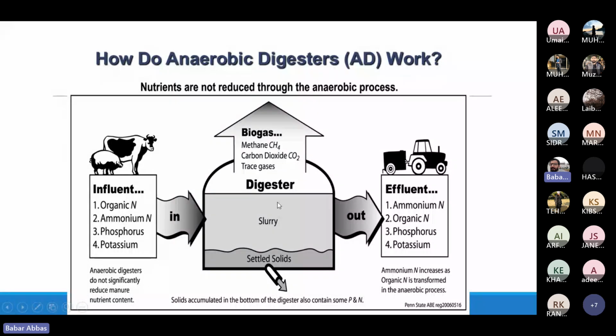The rest of the waste is collected for the biofertilizer, and then what comes out of the system is ammonium, organic nitrogen, phosphorus, and potassium. So the same thing which was sent into the system is being collected, but with simpler, stable molecules.